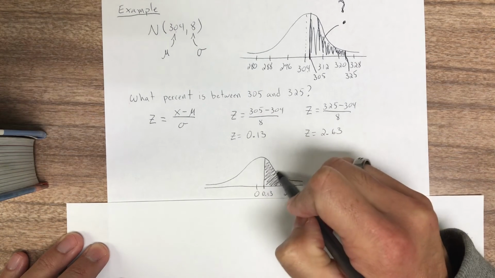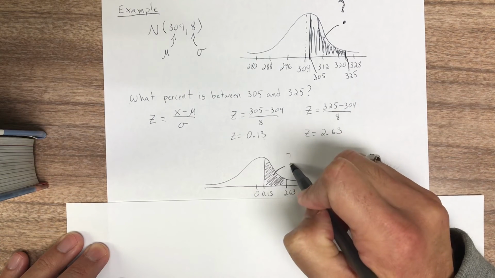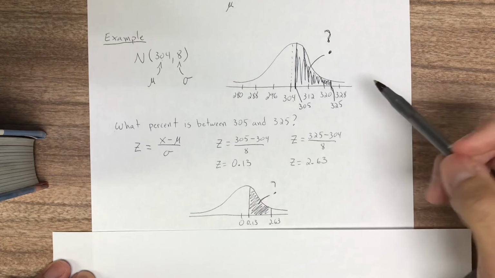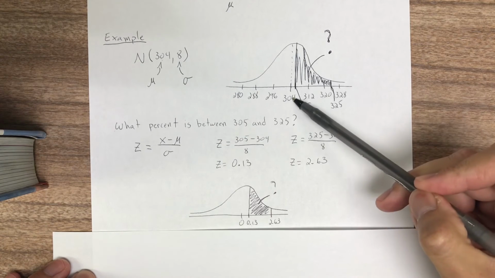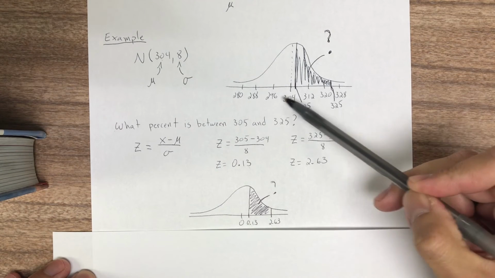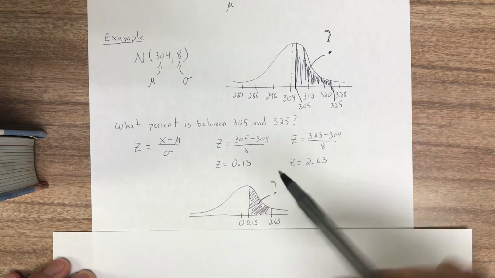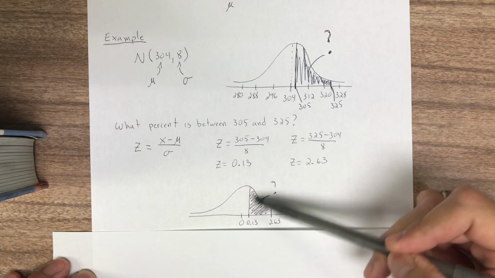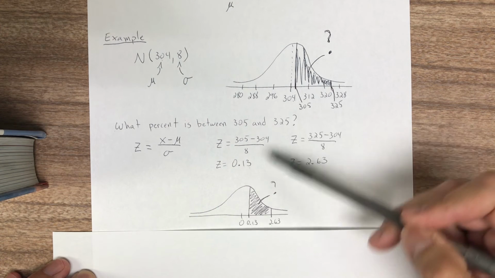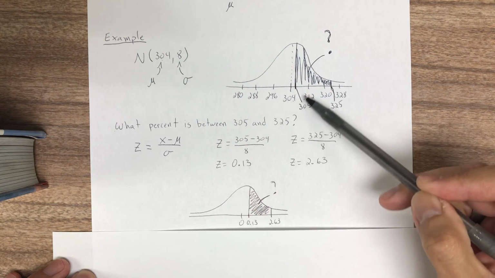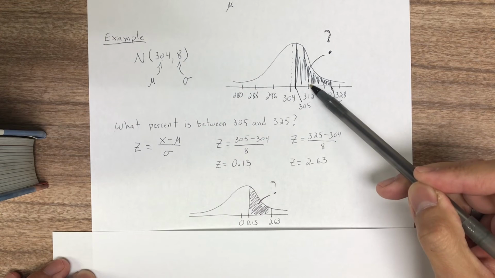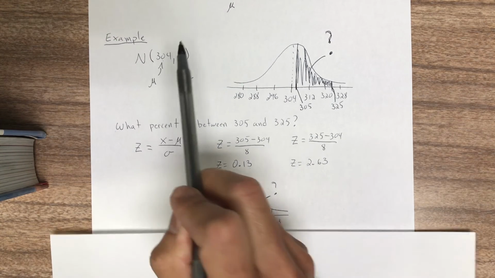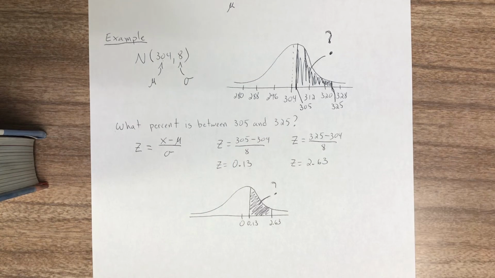So same thing. I want to know what this area is. So the 2 density curves that you see on the screen, let me move this a little bit down. This one, we're using the measurements of the distribution, and this one using the Z-scores. It is the same area, but we're using different measurements. Here we have Z-scores. Over here we are using the measurements of the actual distribution, the mean with the standard deviation. How do you find that area using the calculator?